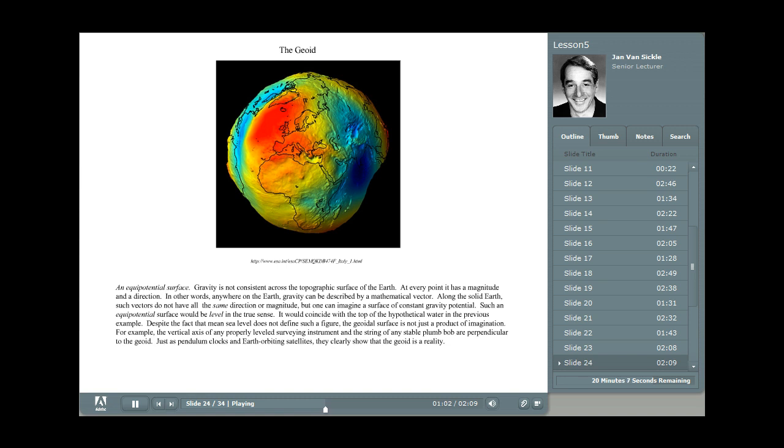For example, when you think of an instrument being set up on the Earth, like a GPS receiver, and it is leveled, it is of course leveled in relation to gravity, in relation to this surface that we're talking about. This would coincide with the top of this hypothetical water of mean sea level.